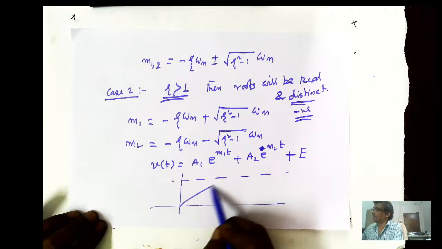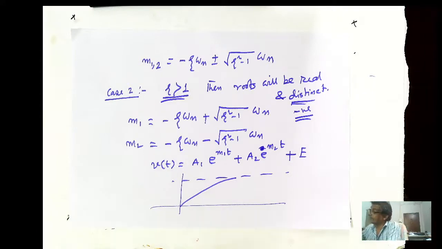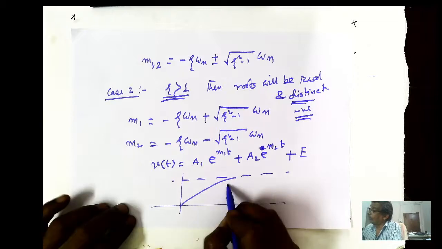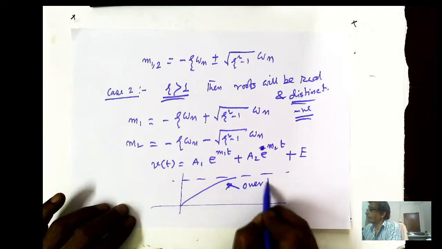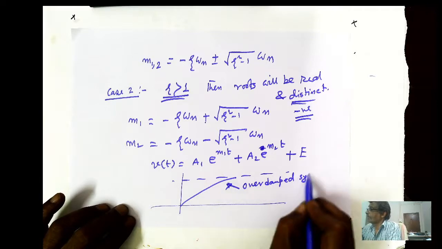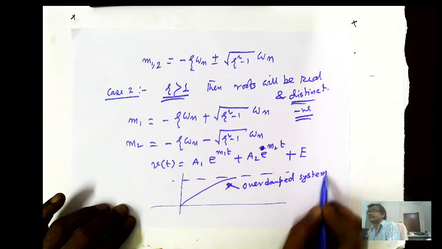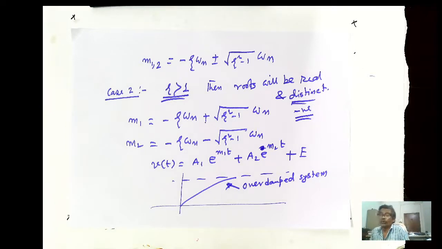If you add these two exponentials, ultimately it will look like this, and such a system is called an overdamped system. The resistance value is much higher, so no oscillations will take place in this case.